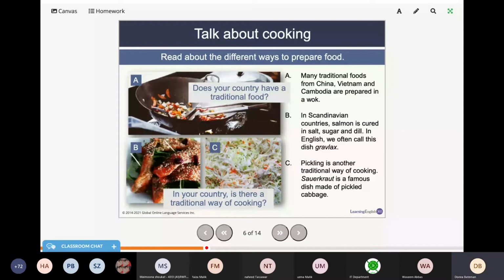Pickling is a way of helping the food last longer. So if you're in countries that are very hot or have periods of the year where they're very cold and dark, you might not have much access to fresh food. So by taking the food when it's fresh and salting it or pickling it, you can have it for the later months.